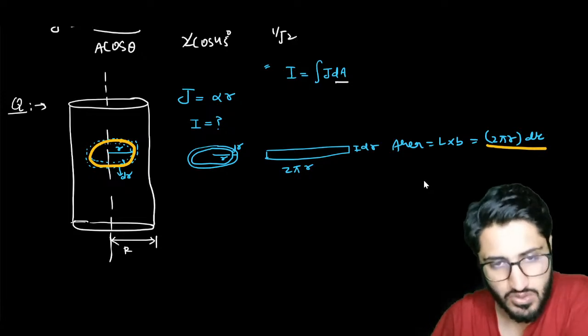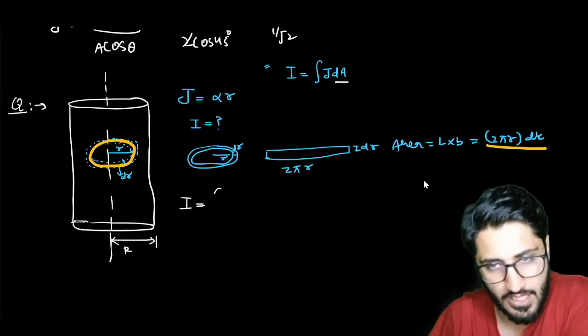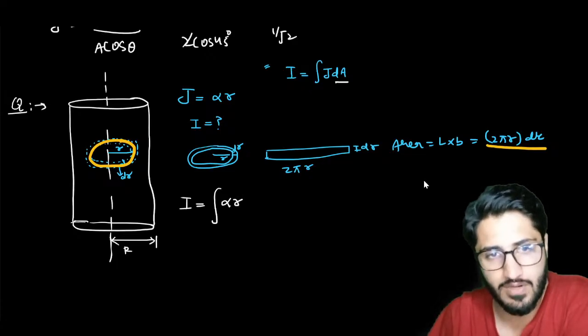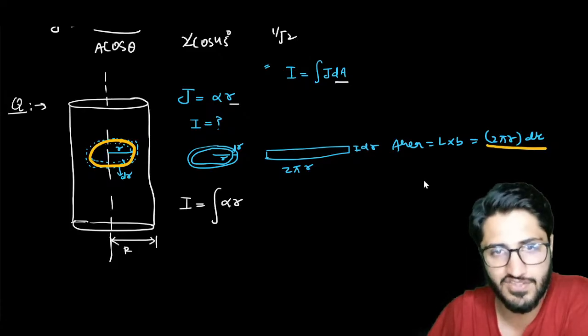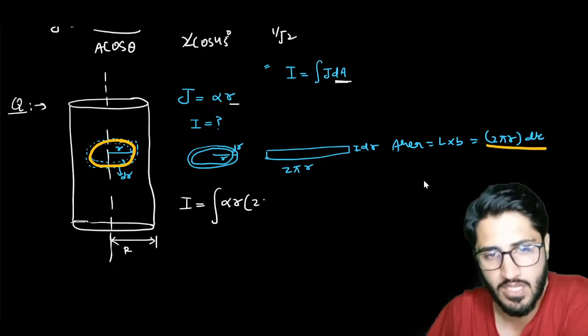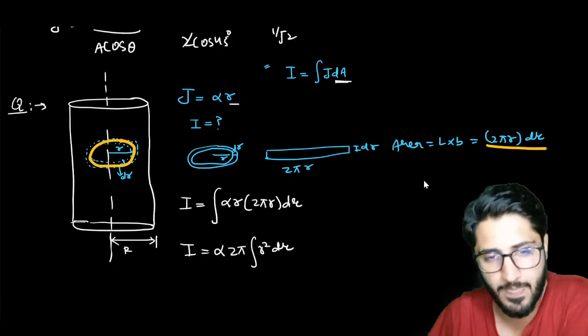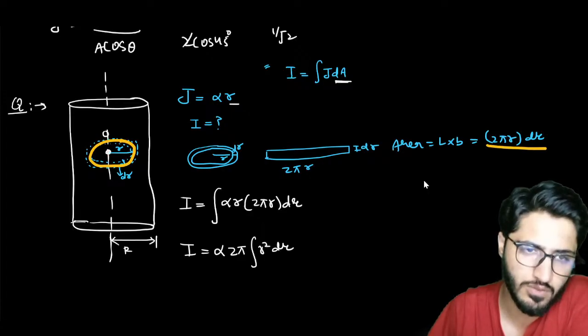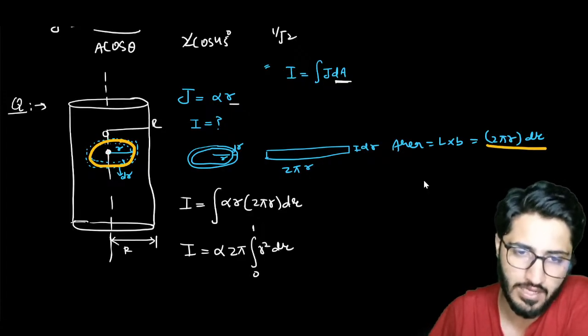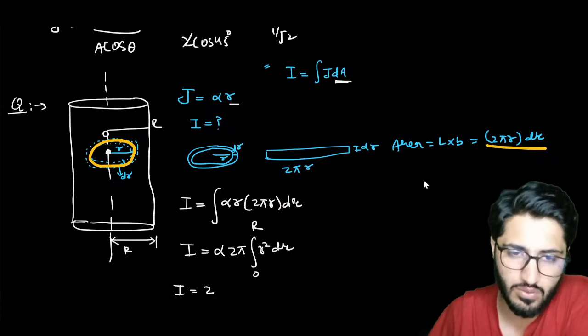So can I write now, I is the integration of J. J is alpha times r, and dA is 2 pi r dr. Alpha is constant, 2 and pi are constant, so the integral of r squared dr from 0 to R. I will write 2 pi alpha, integration of r squared would be r cube by 3.